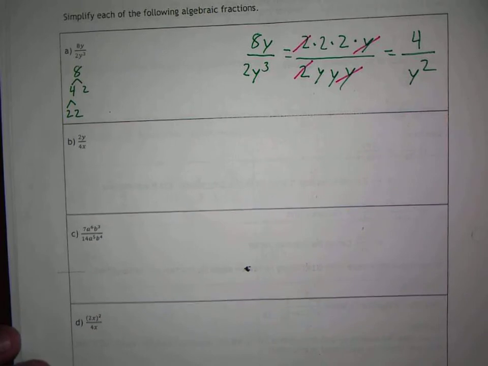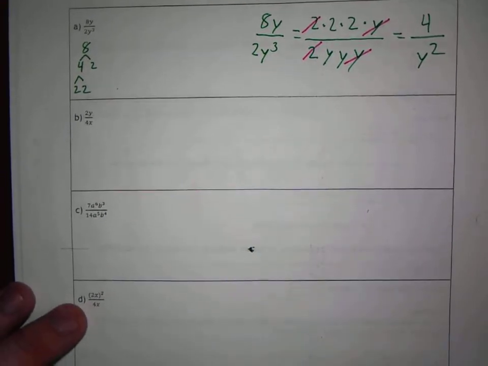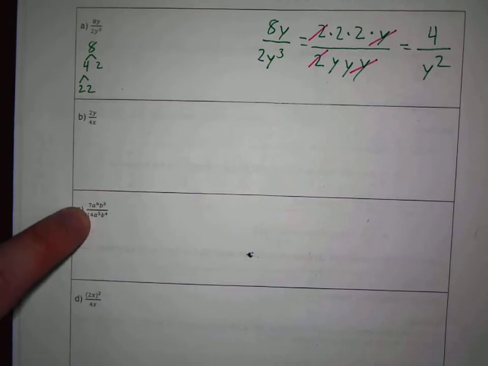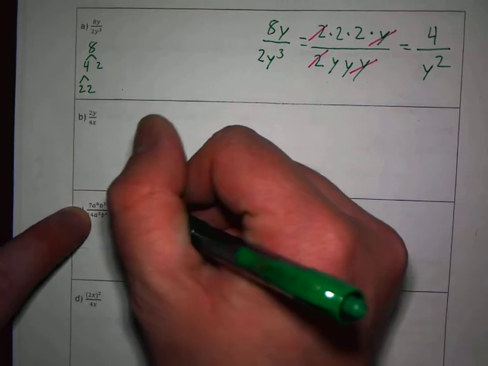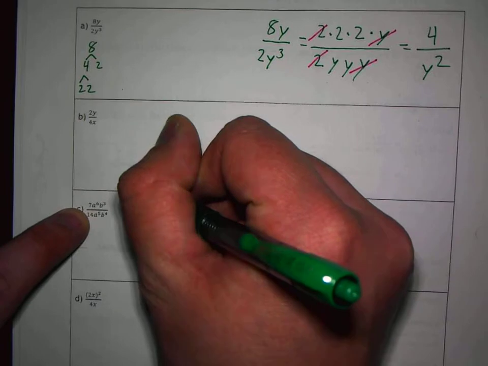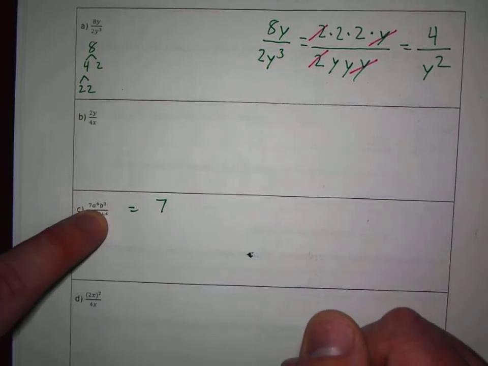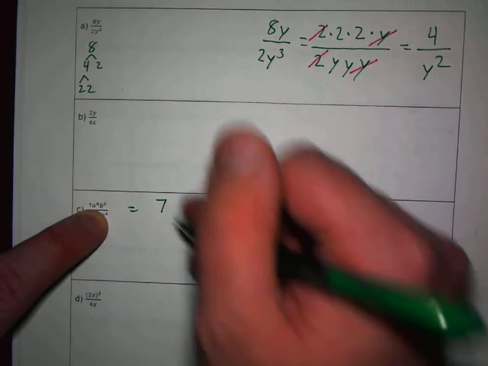Okay? Now jumping to C, so 7. 7 is 7 times 1, so we're going to leave that as 7. A to the 6, well that means A 6 times.